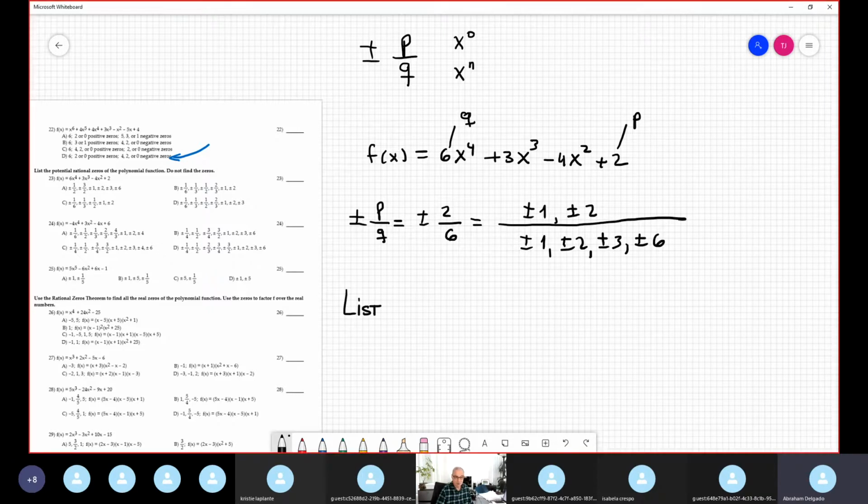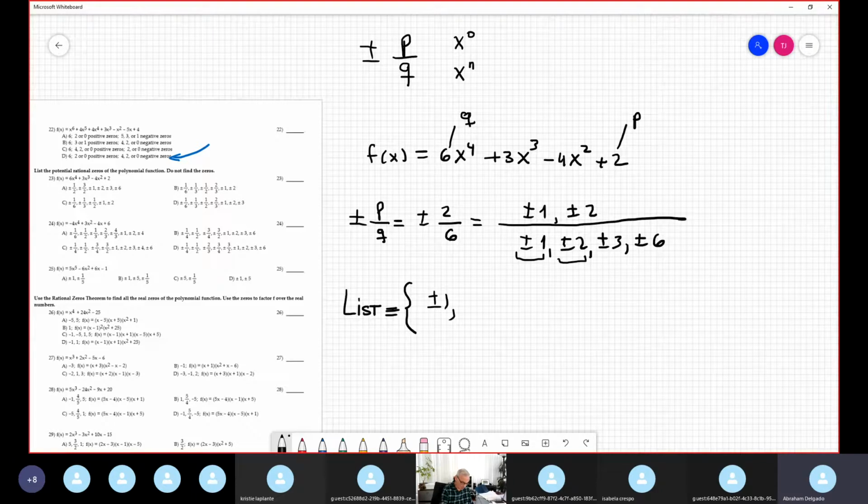There are many ways to do that, but in my mind you list the potential zeros as any combination. You select one number on the top and every number on the bottom, then another number on the top, and every one on the bottom. Suppose I select 1, so plus or minus 1. I fix 1, and combine with 1 and 2.